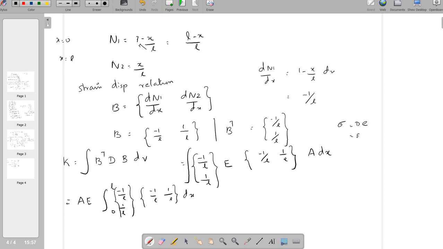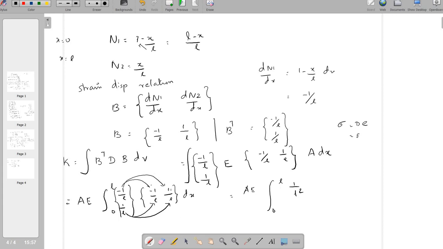Now for the matrix multiplication, you multiply the two components with the two components. For the first term we get two values, for the second term we get another two values. So it is AE, integral from 0 to L, of minus 1 by L into minus 1 by L, which is 1 by L square.